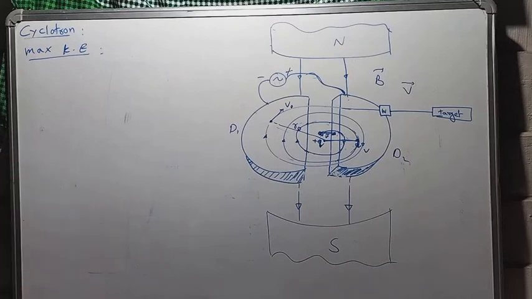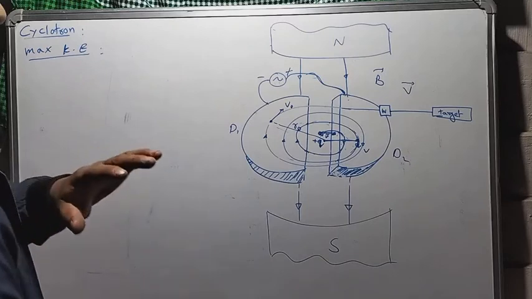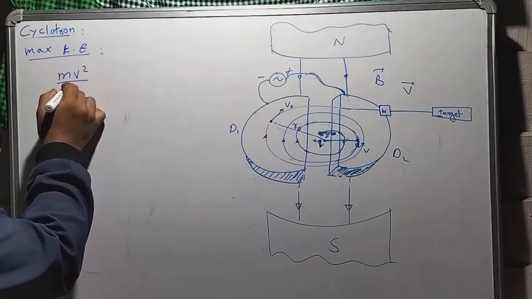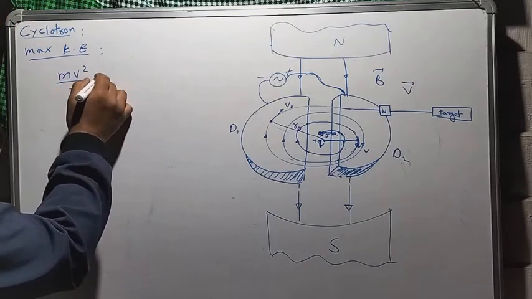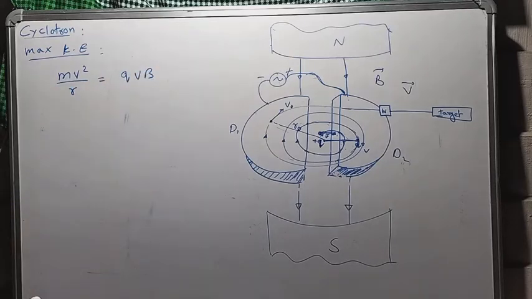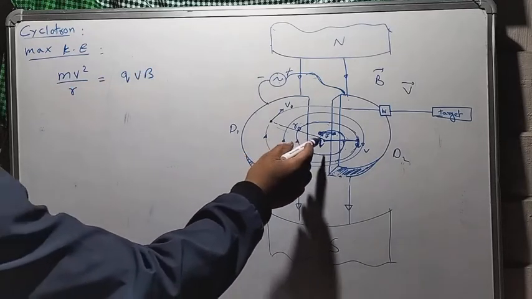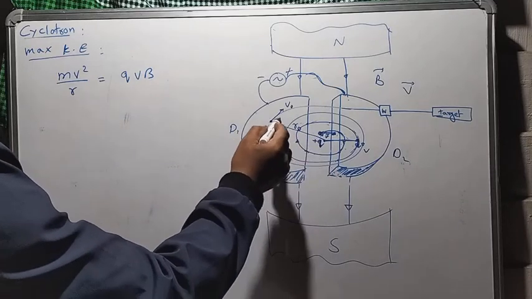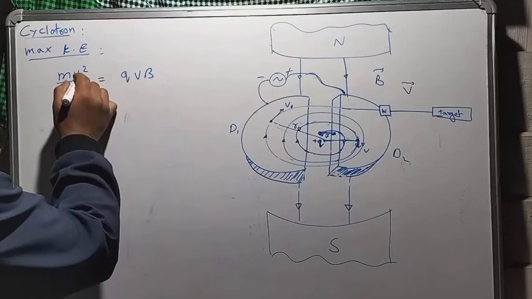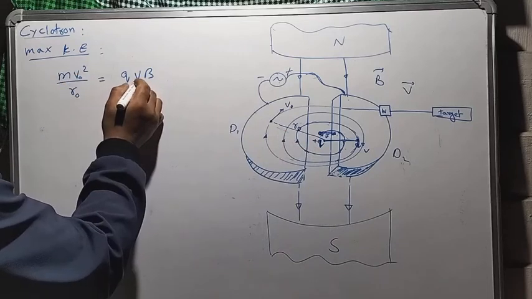So in that case, if you apply the previous concept where the centripetal force mv square upon r is equal to qvB, which is the magnetic force. But for the maximum radius, r is r0 and v is v0. So instead of v, I'll write v0.